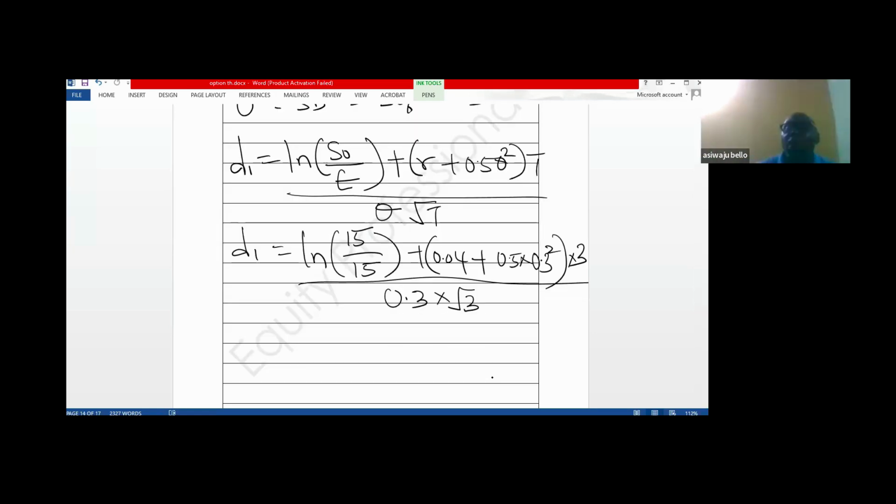After your d1, what do you do? You get your d1 figure, then your d2: d1 minus volatility multiplied by root of T. When you are done, what do we do? I'm creating space for this.